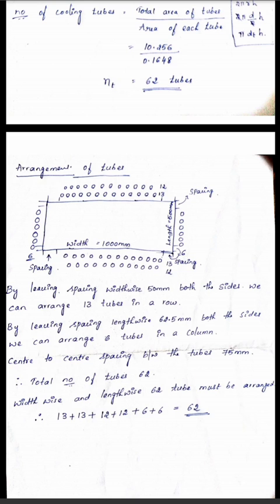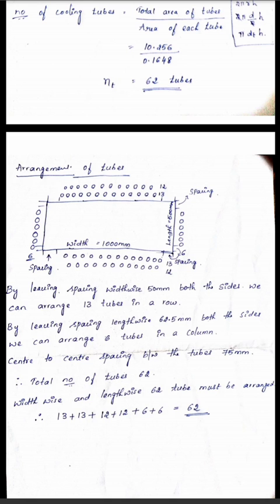We leave starting and ending spaces. In the diagram you can see at the start I have left some space, and at the end also. Spacing means some gap we are leaving. To equalize the space, we then start arranging the tubes.